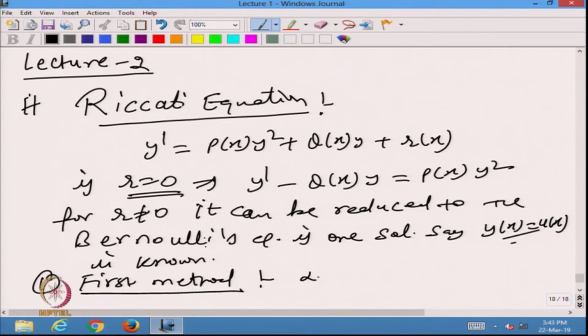So, let y x is equal to u x be known. So, one of the solutions is known to me.